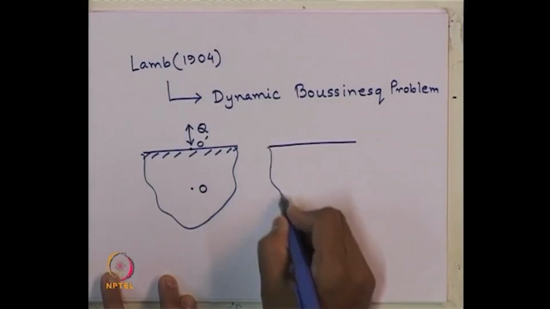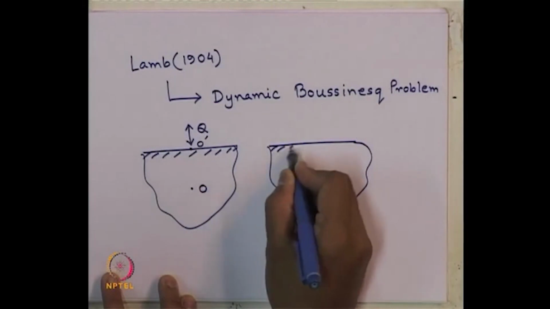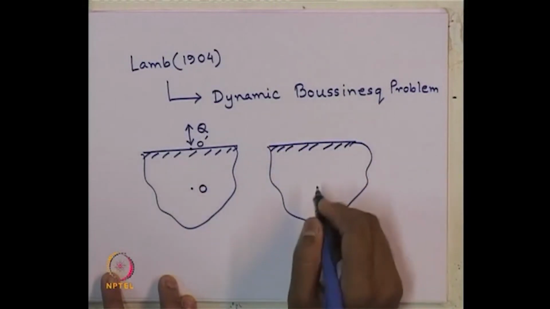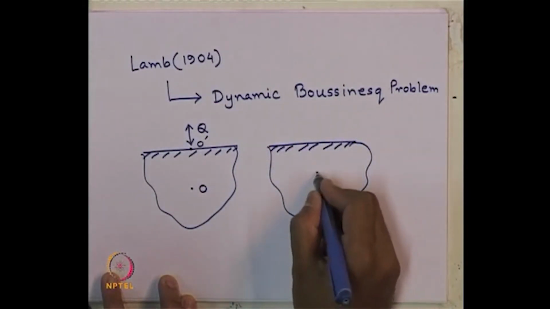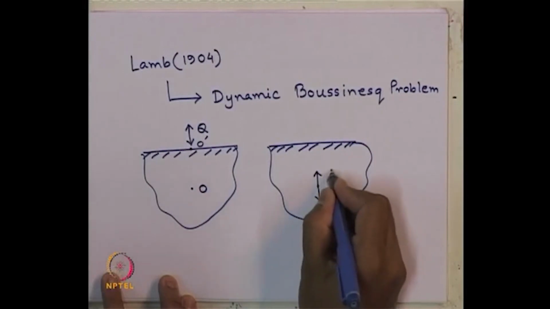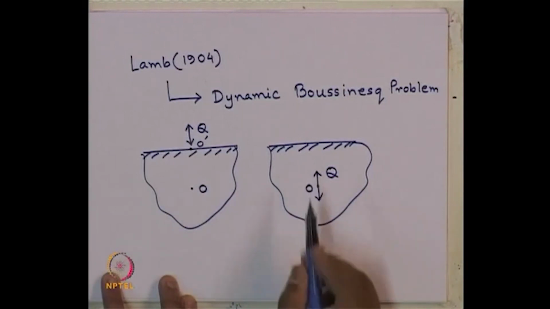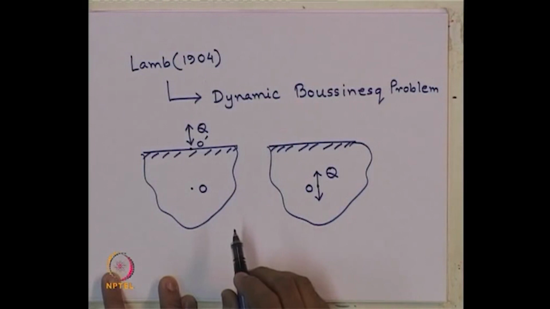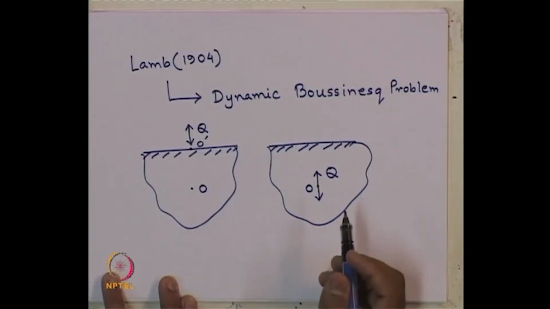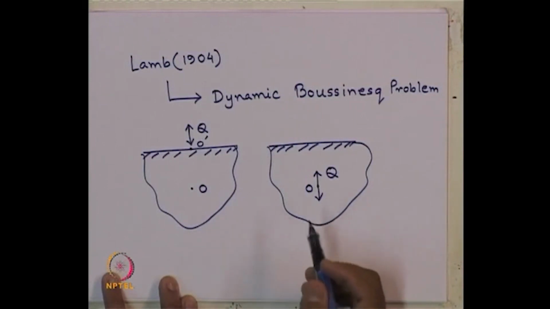Its effect on the soil media from elastic half space theory was shown as if the dynamic load is transferred within the soil mass, and then the behavior of the soil mass, that is the stresses getting generated, the displacement going to form, etc., has been studied.